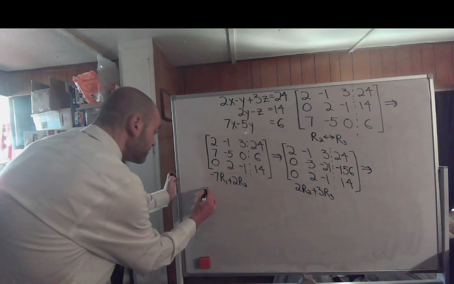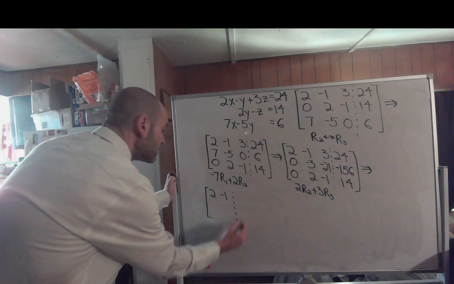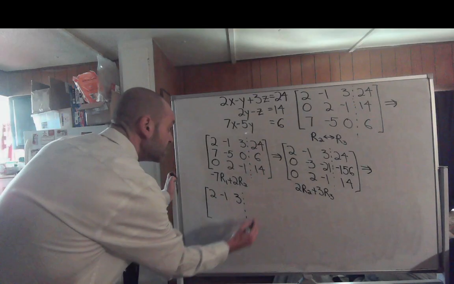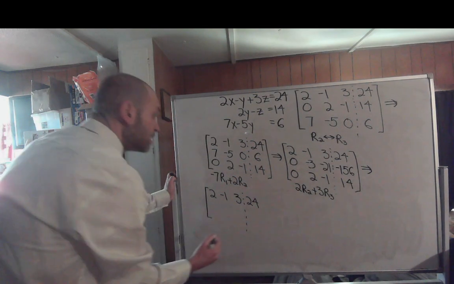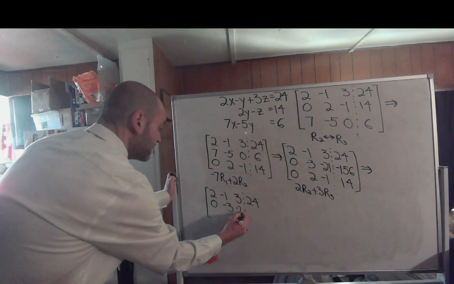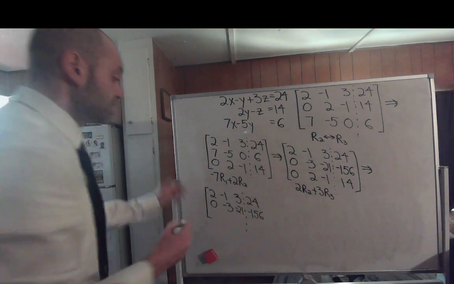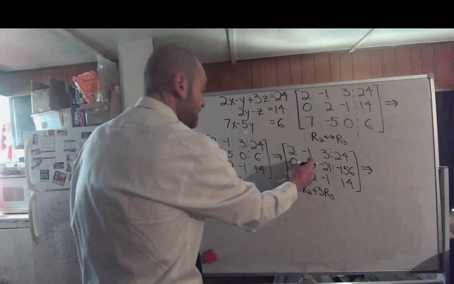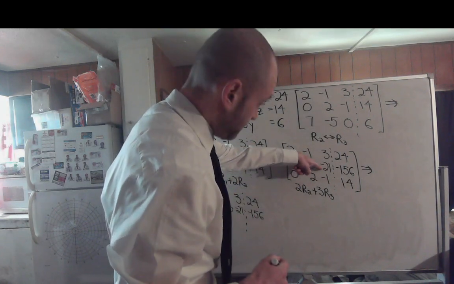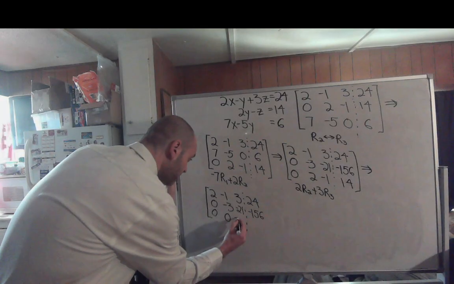So we'll have, let's see, 2, negative 1, whoops, I'm jumping ahead again, 3, and then 24. Alright, so we're leaving row 2 alone temporarily. 0, negative 3, negative 21, negative 156. Alright, 0 plus 0 is 0. Negative 6 plus 6 is 0. Negative 42 minus 3 is going to be negative 45.